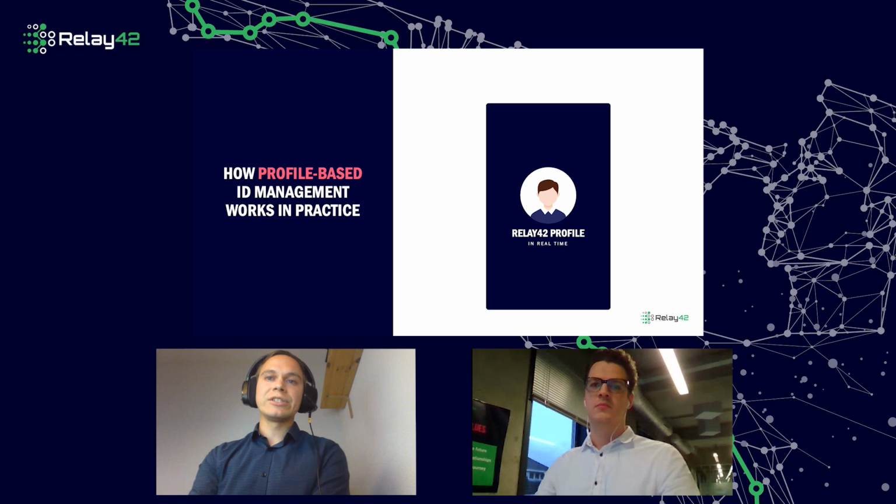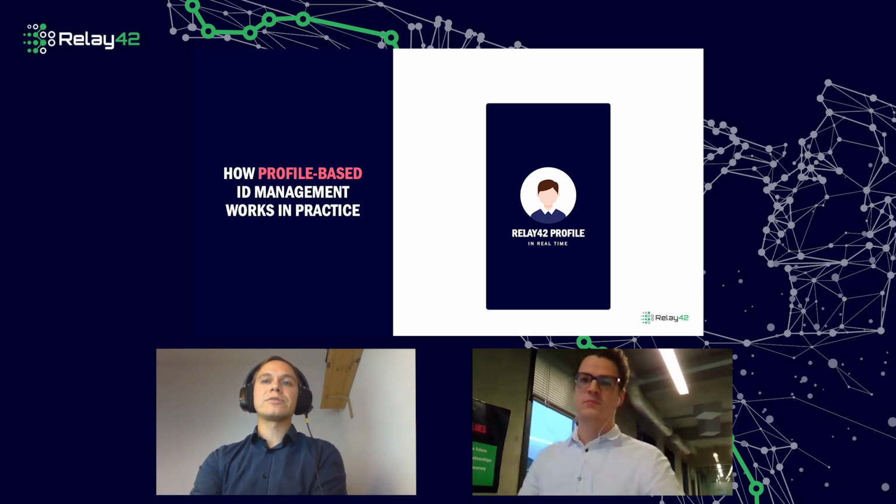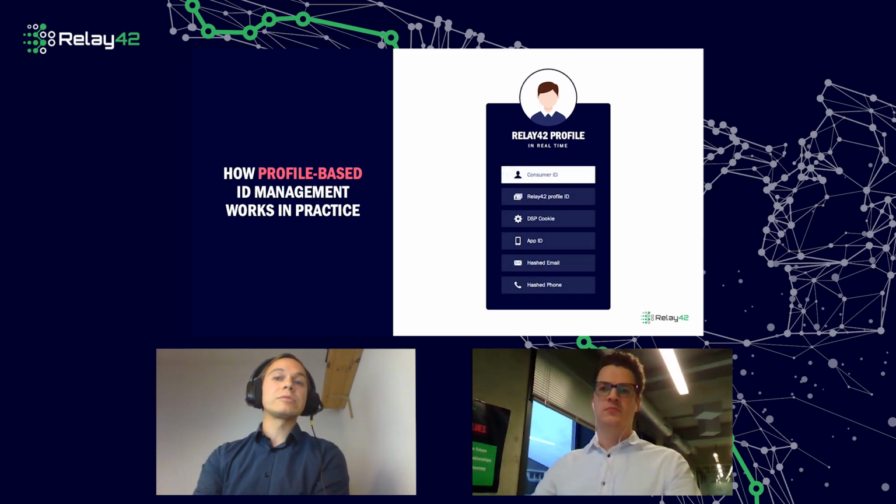So in this example, we did it on customer ID, but technically Relay 42 has the flexibility to do it on email hash, phone hash, app ID, whichever you want. The question is, what is the correct identifier to merge on and which one do you not want to merge on? Thinking about, well, can a household have multiple email addresses or multiple phone numbers?